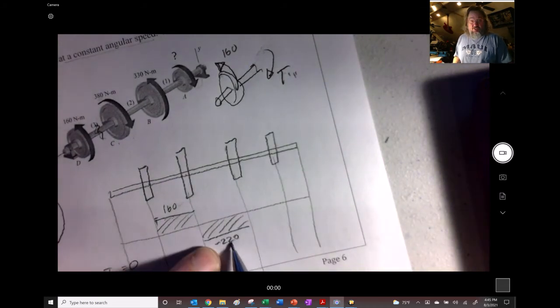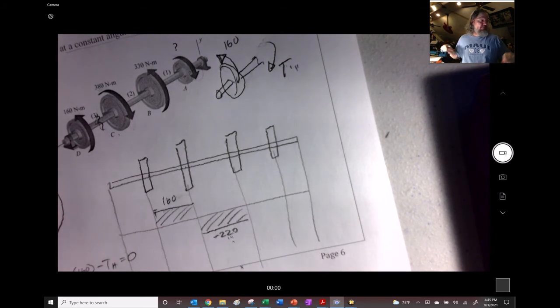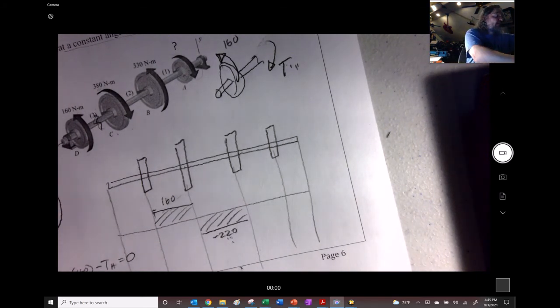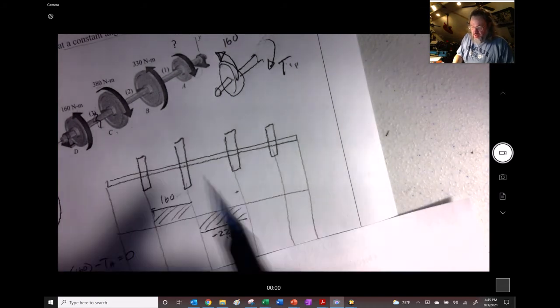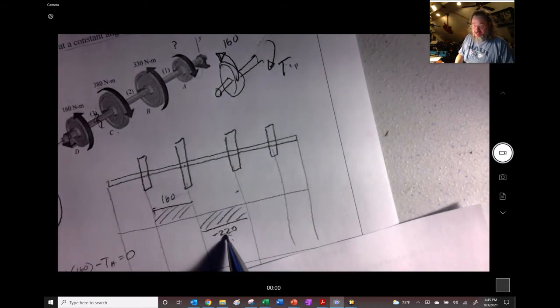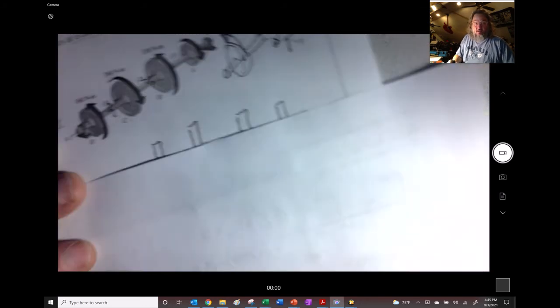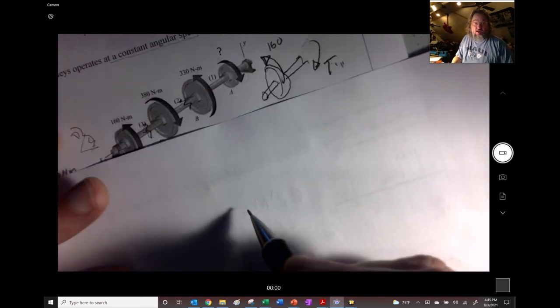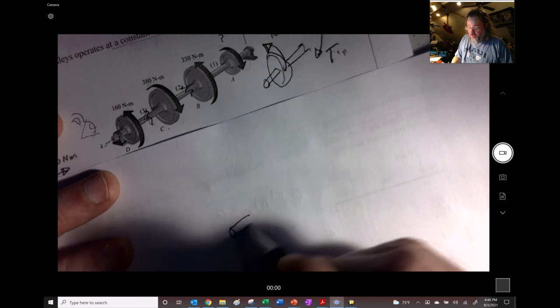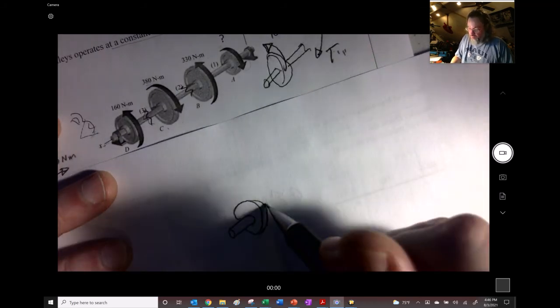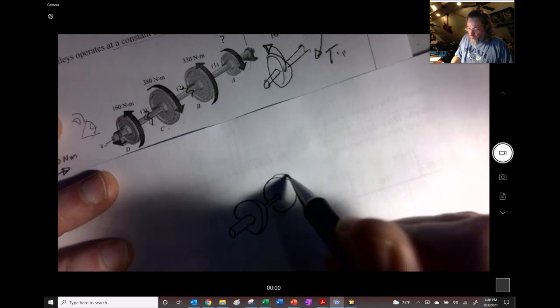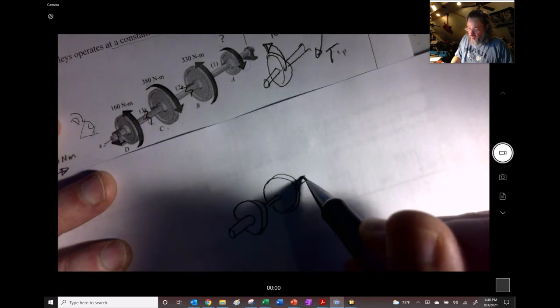Now, if you wanted to do the same thing right here, I need another piece of paper over to the side. Maybe I'll use this down here. If I wanted to confirm that that's 220, I would cut right there, and I would draw out a free body diagram that looks like, oh, that's not a very good gear. And here's where I'm cutting.